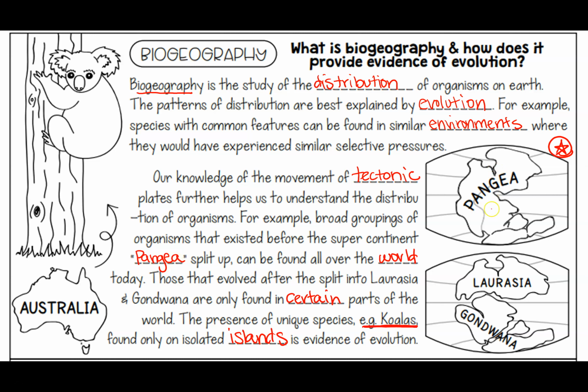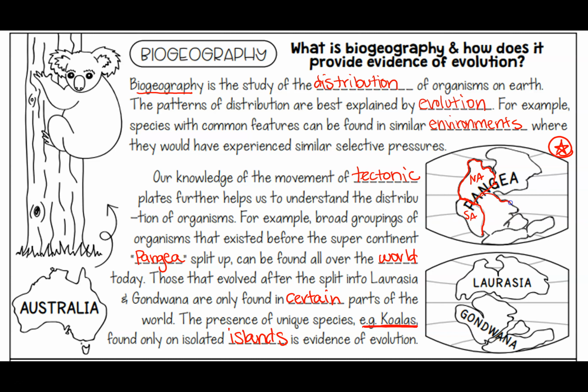In Pangaea, we have a huge supercontinent. We've got all of these different parts, like this part right here. This is what would eventually turn into North America. Okay, this down here is South America.